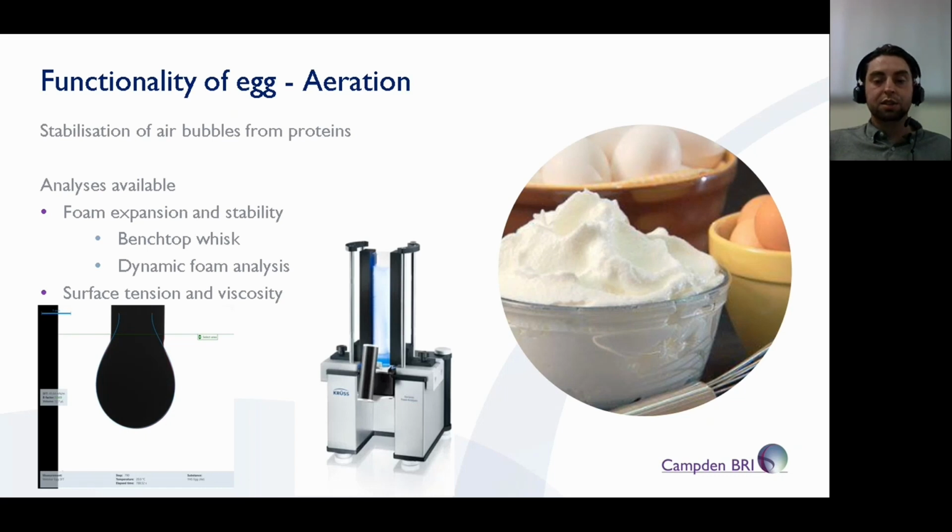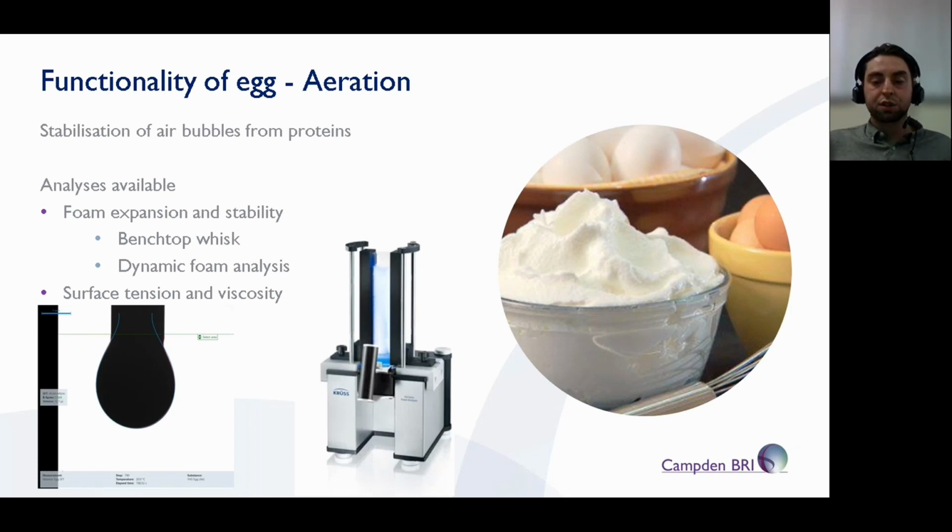It's the proteins in the eggs, in particular the albumins, that unravel and denature very temporarily when whipping the egg, and are able to stabilize the air bubbles and stabilize the foam structure.